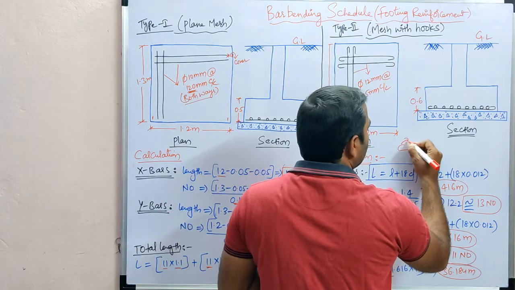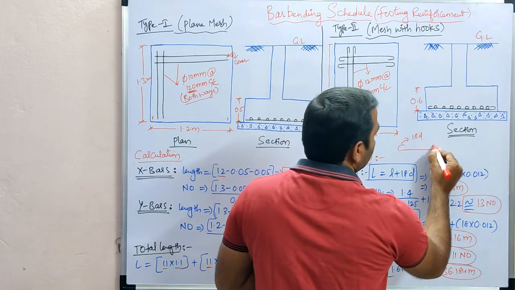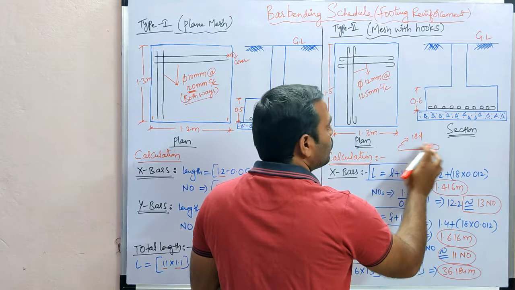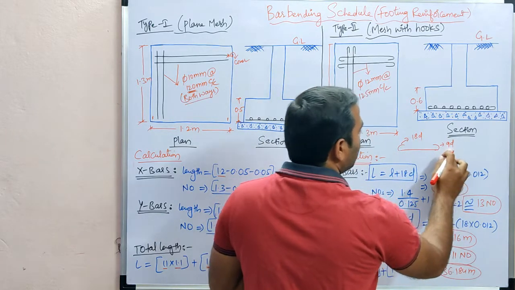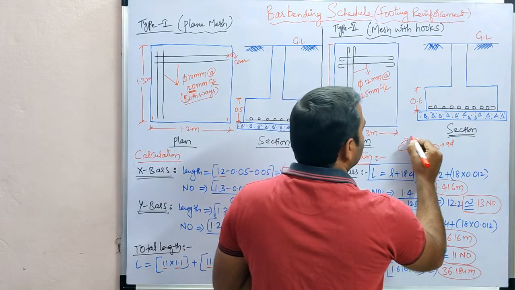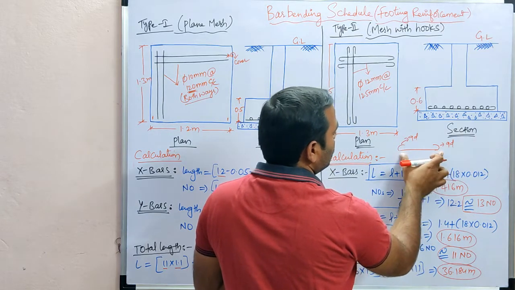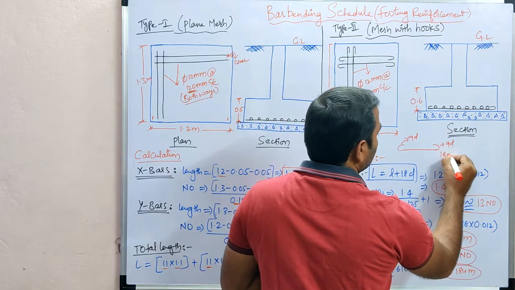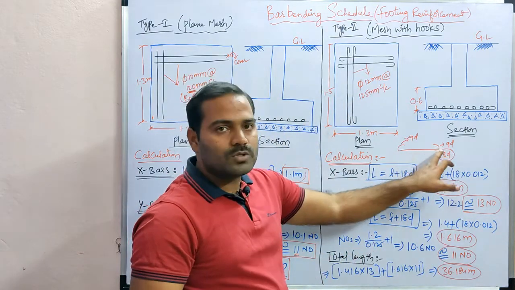For this bend it is 18 times the diameter, that means we are considering 2 bends. Individually 90 plus 90, so for the complete one, 90 this side and 90 this side, total I will get 18D. I need to add these 2 hooks also.